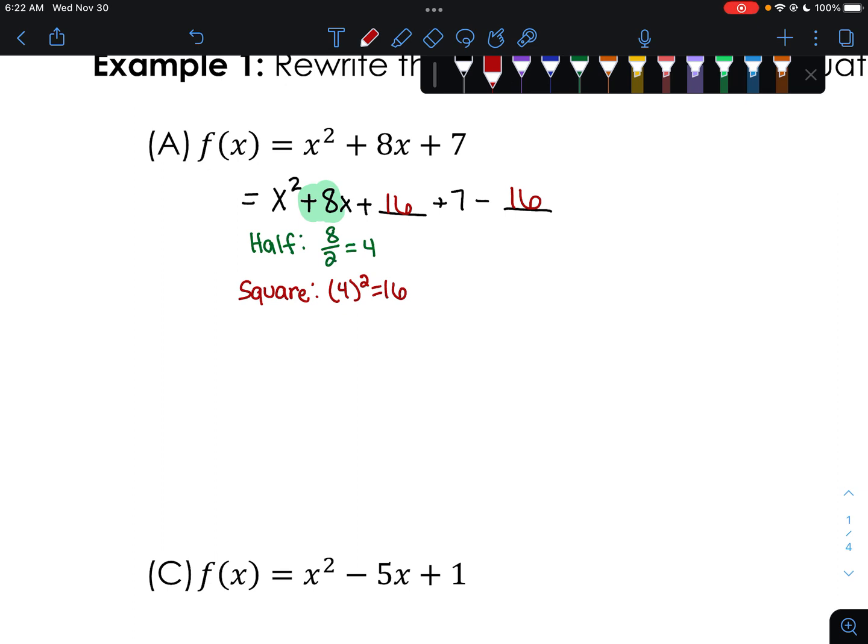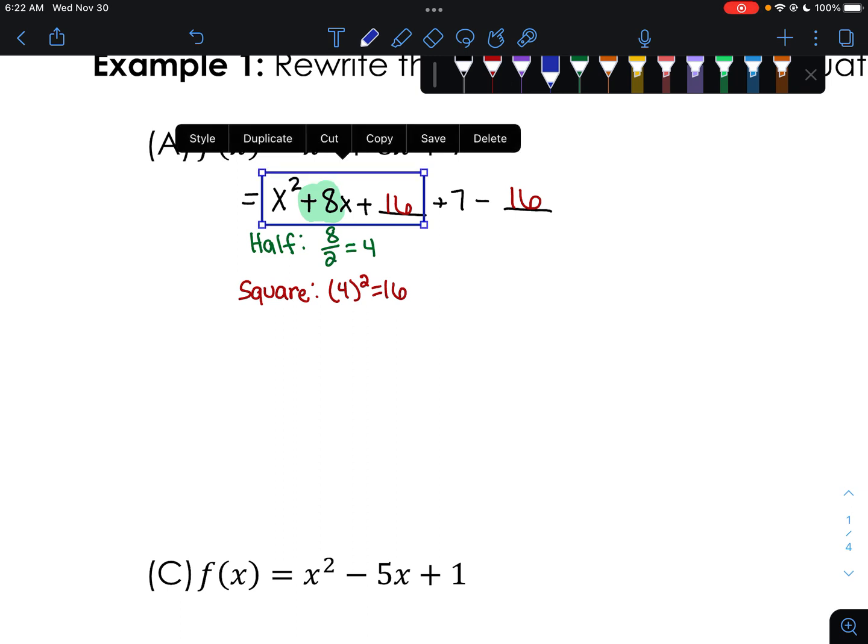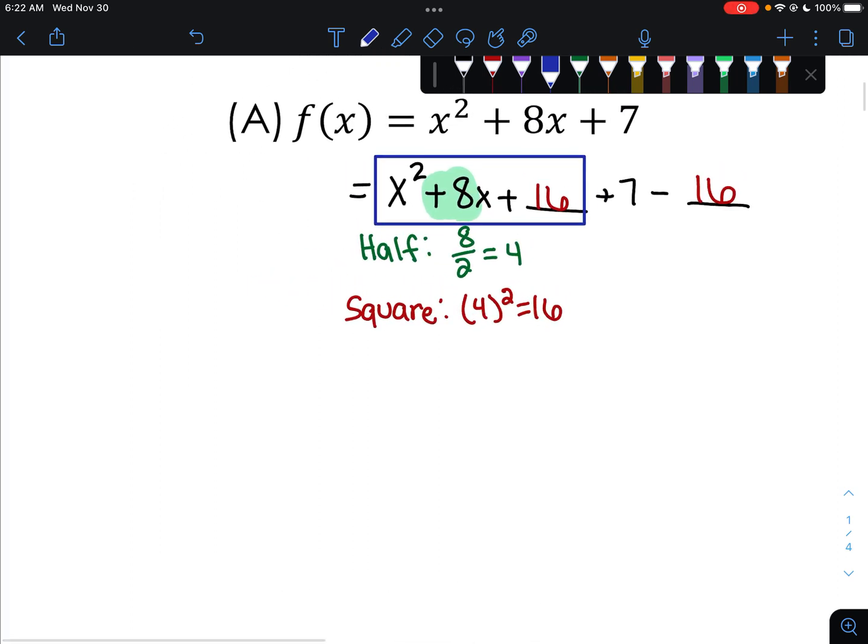Now this allows us to take these 3 terms right here and factor it. This first time I'm going to show you how to factor it, and then after that we'll just do the shortcut. So if we factor x squared plus 8x plus 16, we see that there's no greatest common factor, so we go to our x.